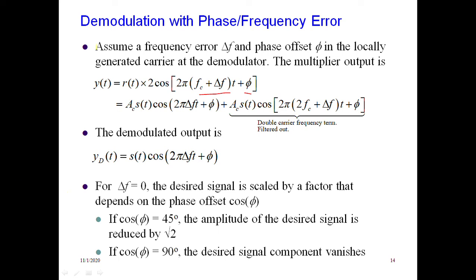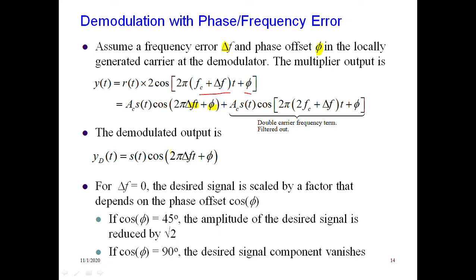In the process of demodulation, we also have errors. Sometimes the frequency is shifted by an amount delta F, and the phase is also offset by a little phi at the demodulator. This allows us to check the delta F and phi that have been shifted.